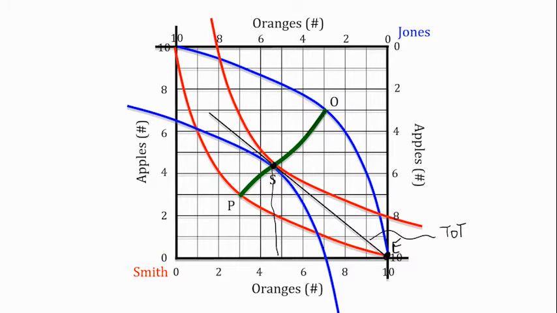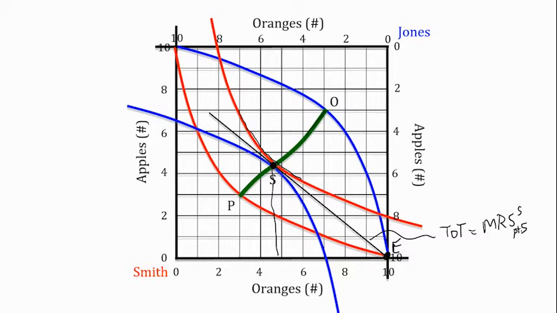But if we take the slope of the tangent line to Smith's indifference curve through point S, that also is going to correspond to the slope of the black line. So for Smith, the terms of trade is going to be equal to his marginal rate of substitution at point S. Call it point S.